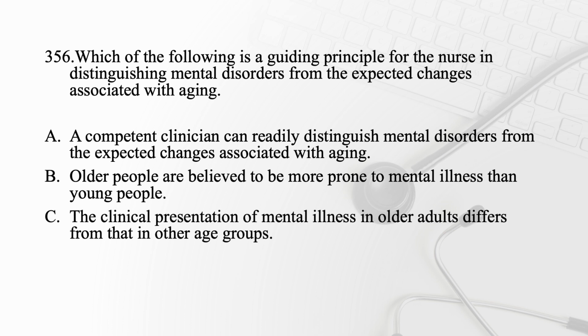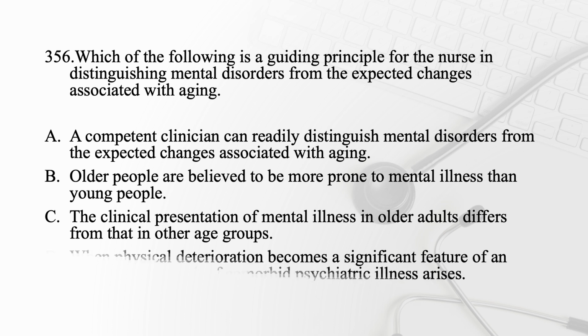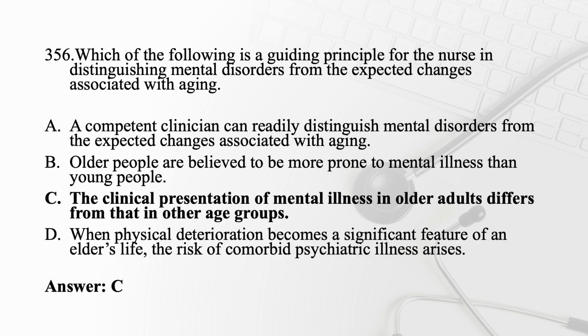Option C, the clinical presentation of mental illness in older adults differs from that in other age groups. Option D, when physical deterioration becomes a significant feature of an elder's life, the risk of comorbid psychiatric illness arises. The correct answer is option C, the clinical presentation of mental illness in older adults differs from that in other age groups.